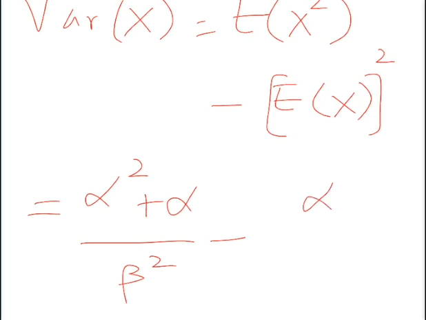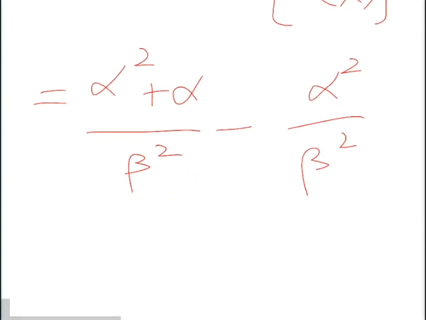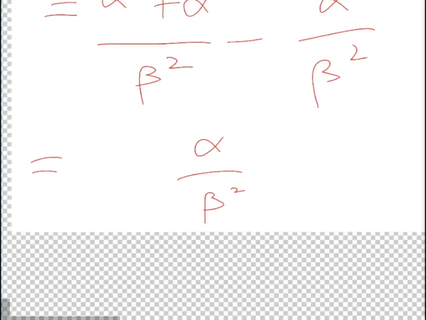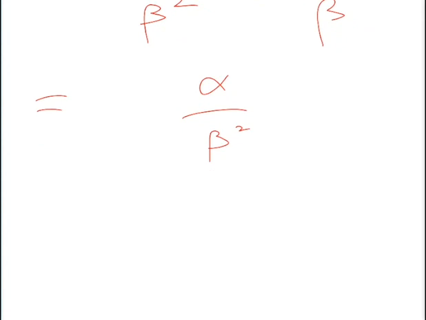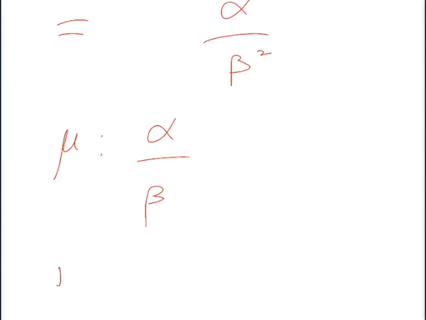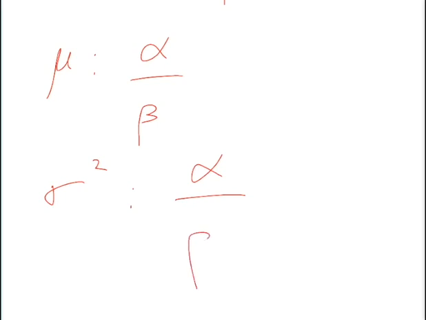Mean squared is alpha squared over beta squared. So my answer is alpha over beta squared. So in summary, for the gamma distribution, the mean is alpha over beta and the variance is alpha over beta squared.